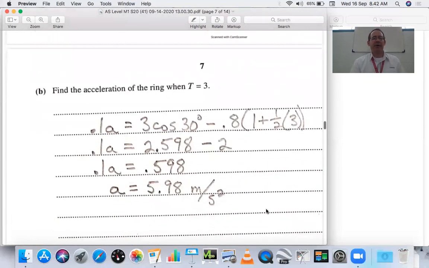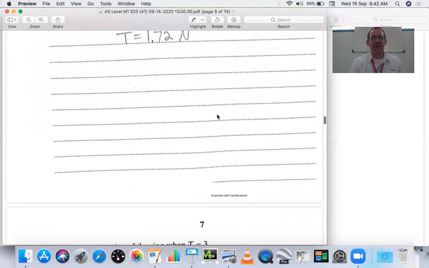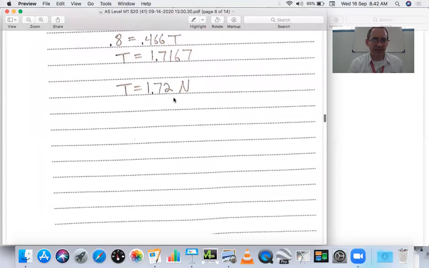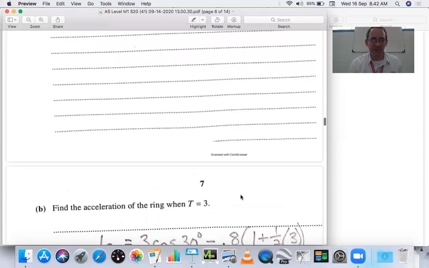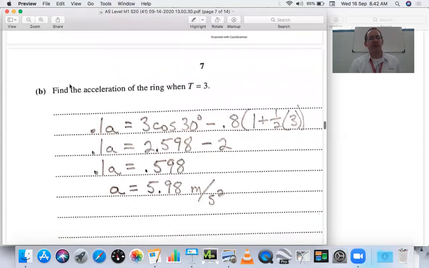Moving on, now it wants us to find acceleration when T is 3. Of course, if the tension is 1.72 and it's in equilibrium, if you increase that force, then the ring is going to start to move, and once you get that movement, you then have acceleration. So we want to find that acceleration of the ring when T equals 3.